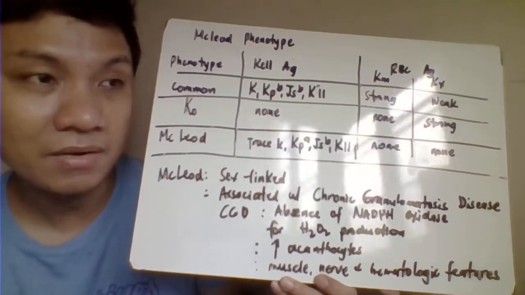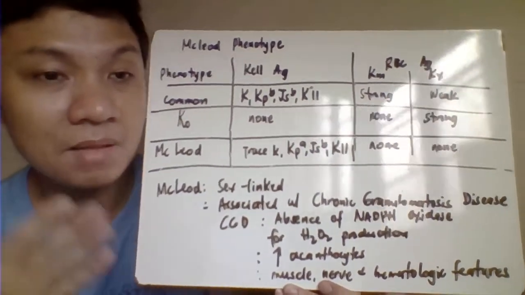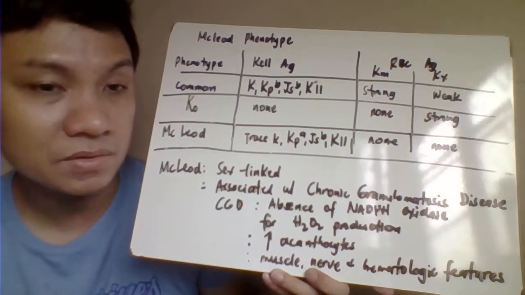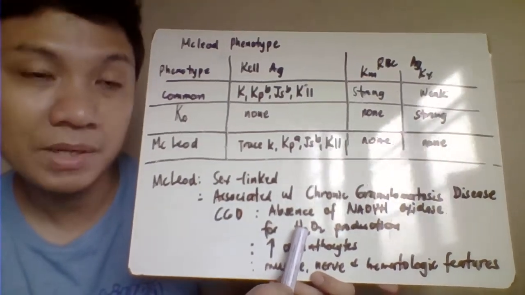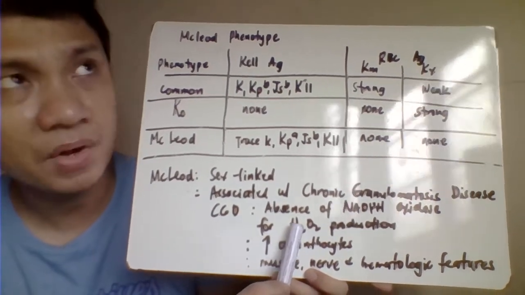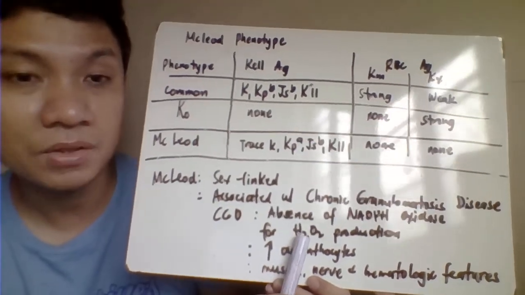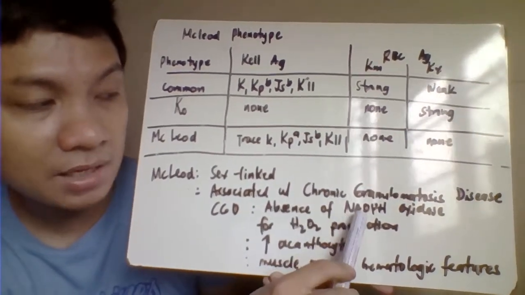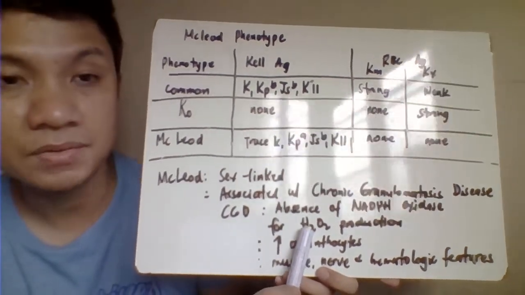Sometimes the phagocyte neutrophil has ingested the pathogen, but from there it should kill it by respiratory burst, by production of hydrogen peroxide, with the aid of the enzymes myeloperoxidase and catalase. However, in chronic granulomatous disease, there is no NADPH oxidase enzyme, and therefore it cannot produce hydrogen peroxide.